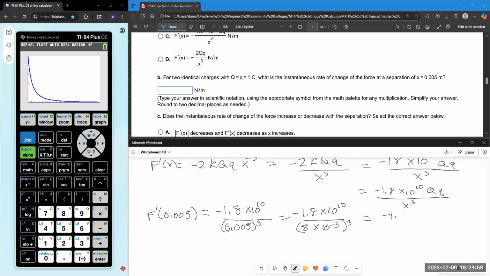It's negative 1.8 times 10 to the 10th over 125 times 10 to the negative 9th.